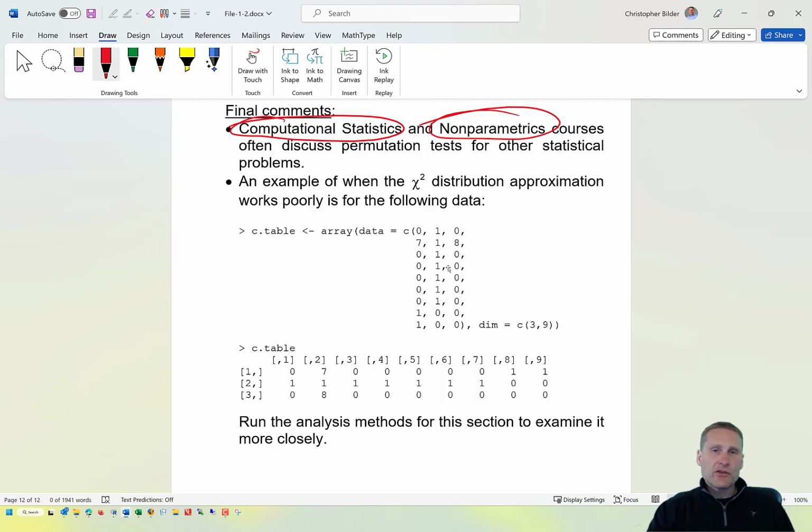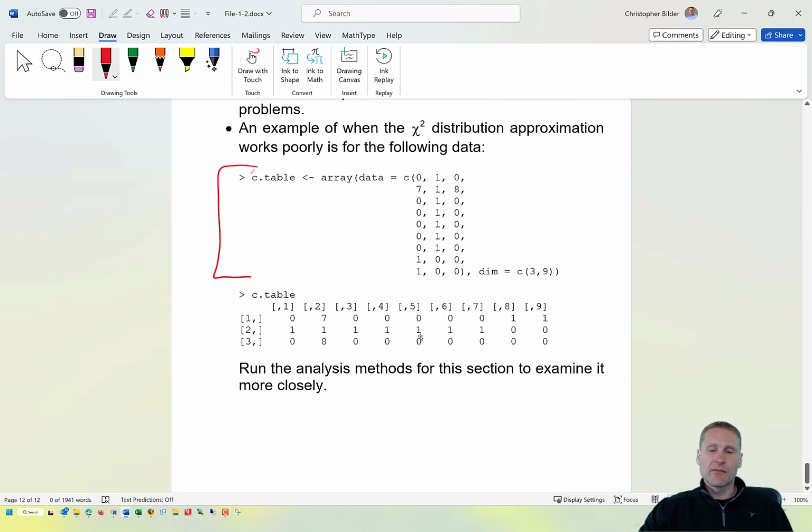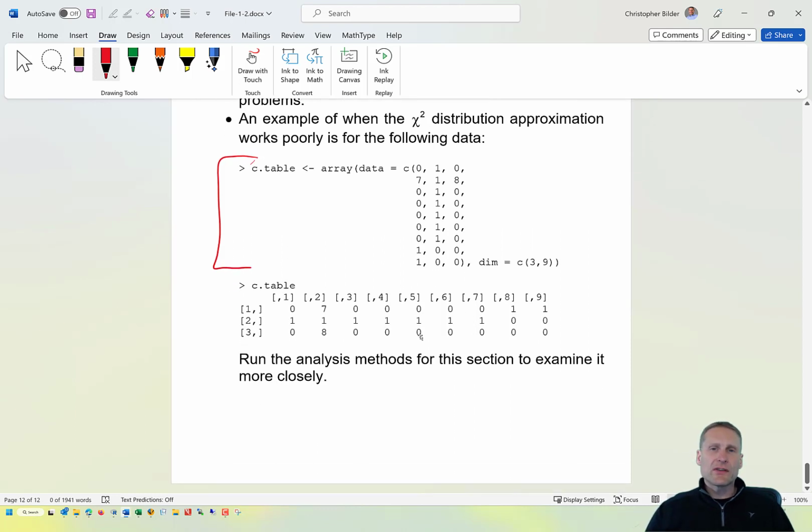Now, what about a situation where a chi-square approximation doesn't work very well? Well, on your own, I want you to work with this particular contingency table that comes from the code that I have there. And you will see that indeed the appropriate chi-square distribution approximation does not work for this situation. Okay, so that concludes this section on using permutation tests.